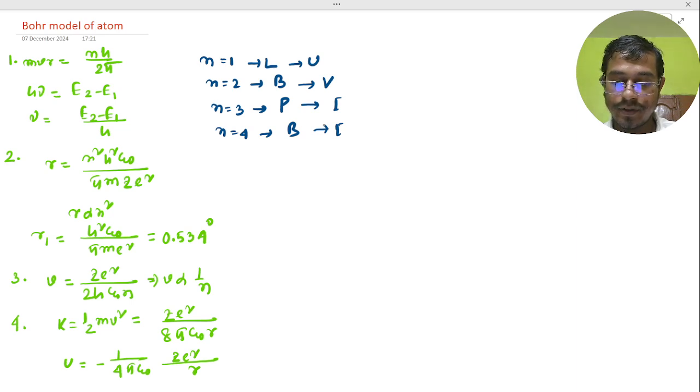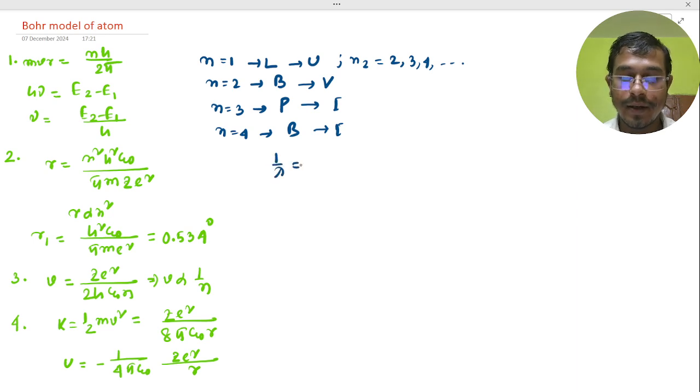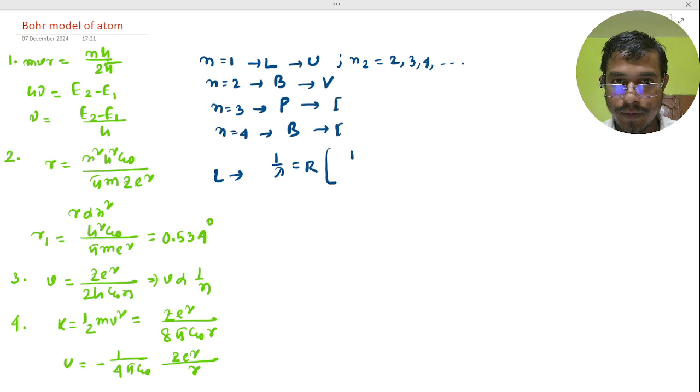And here for the ultraviolet part, the Lyman series has n1 equal to 1 and n2 equal to 2, 3, 4 and so on. So we get 1 by lambda equal to R, for the Lyman case, 1 by 1 square minus 1 by n square.